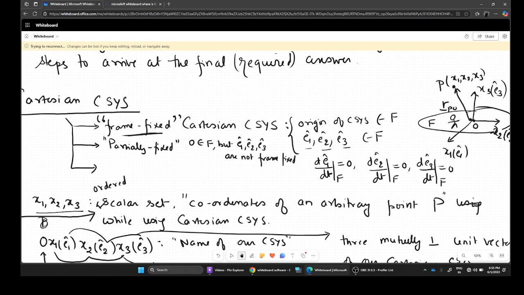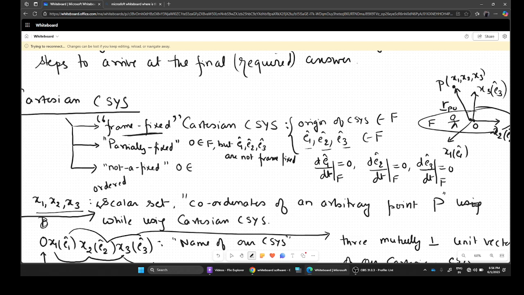We will see later when we look at the dynamics of rigid bodies, there may be a need to have such a coordinate system. Lastly, I want to describe what is not a fixed Cartesian coordinate system.